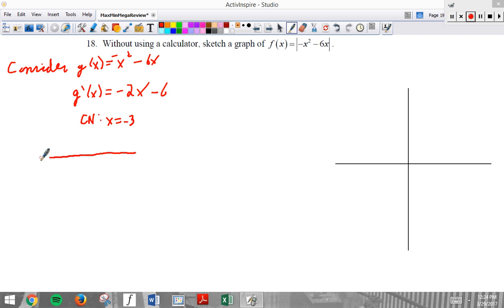A g prime number line would look like this. And positive and then a negative. Yes. Okay. And importantly, x-intercepts, it has them.